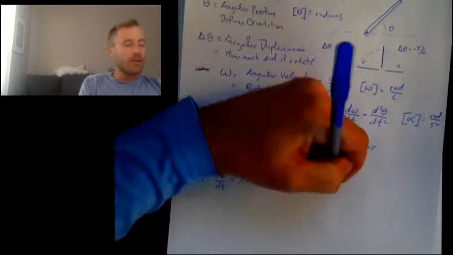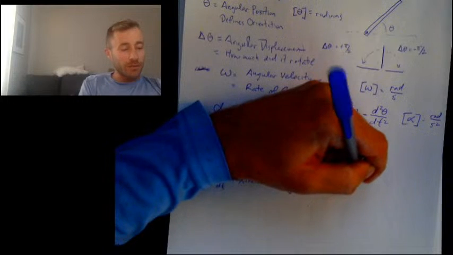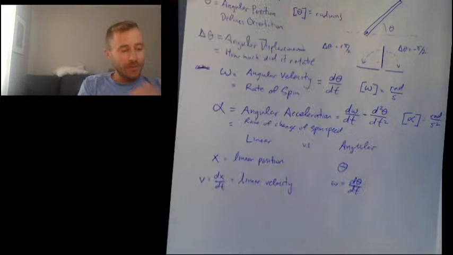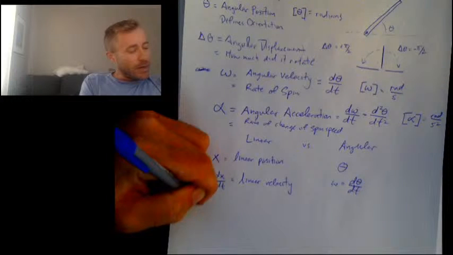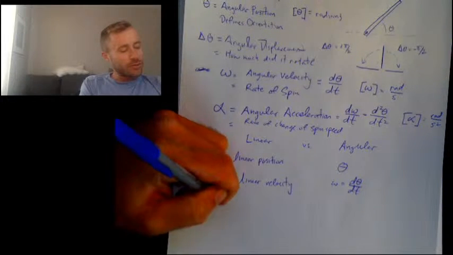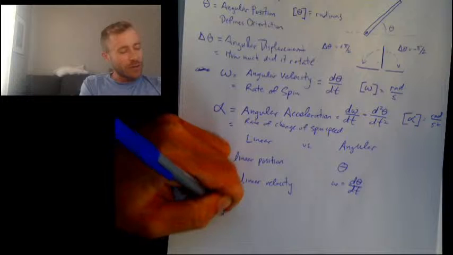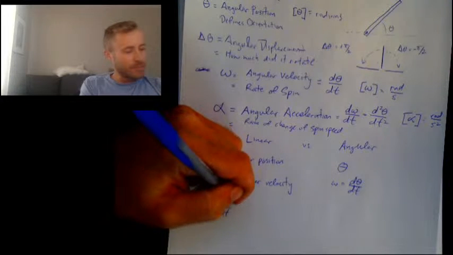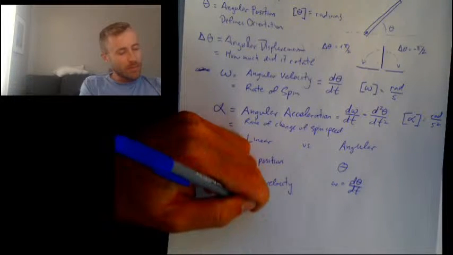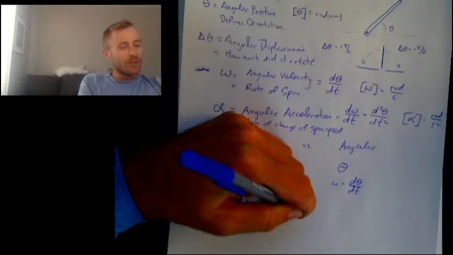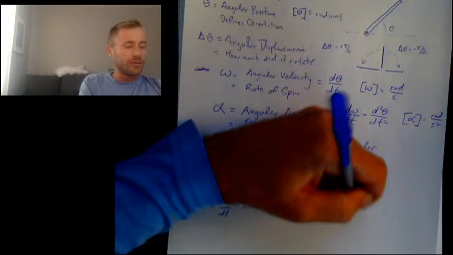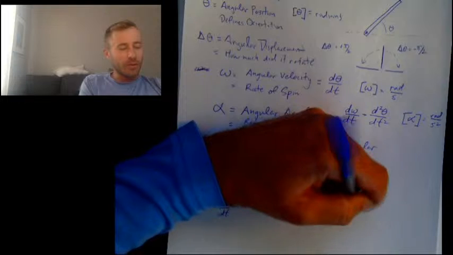Omega is the derivative of the angular position, angular velocity. a, the linear acceleration, was the derivative of the velocity with respect to time. So alpha is the derivative of omega with respect to time.